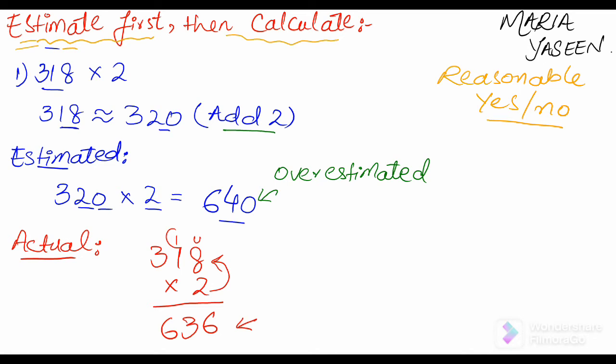As we know that 640 is our estimated value, our actual product must be lower than this value, as it happens here. So it means that our actual product answer is reasonable.